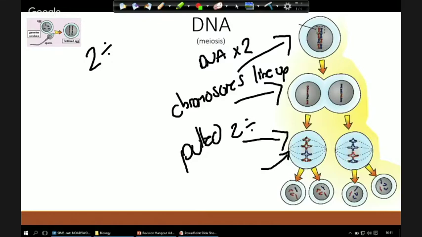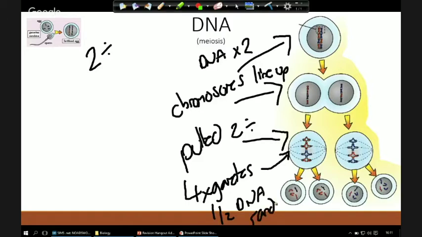And so when these are pulled apart, we end up with 4 gametes, each containing half the DNA, but most importantly, it's slightly randomized. In other words, this particular gamete has 3 from mum and 1 of dad.